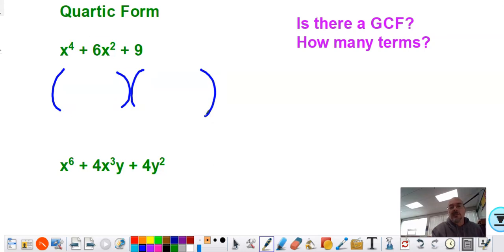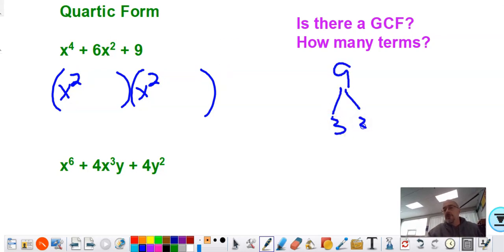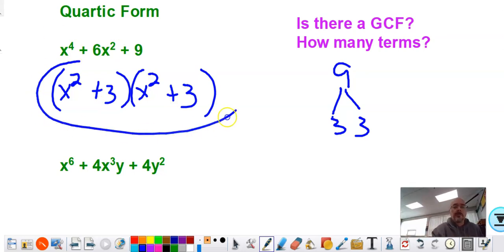We're going to split the x to the 4th up into x squared and x squared. And then factors of 9 that add up to 6, well, 3 and 3. So plus 3, plus 3. That's all you can do to that one. You can't go any further with that one. That one is factored.